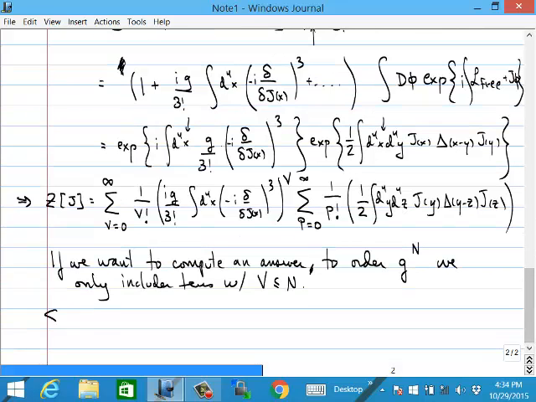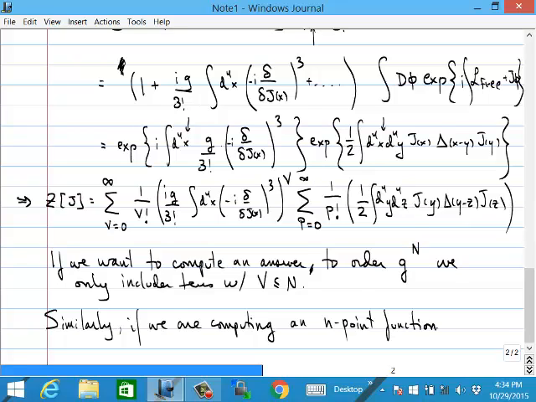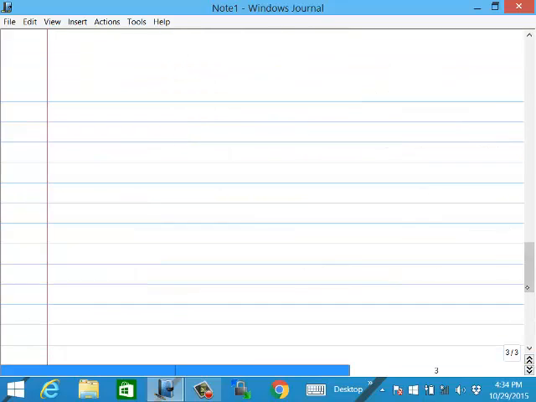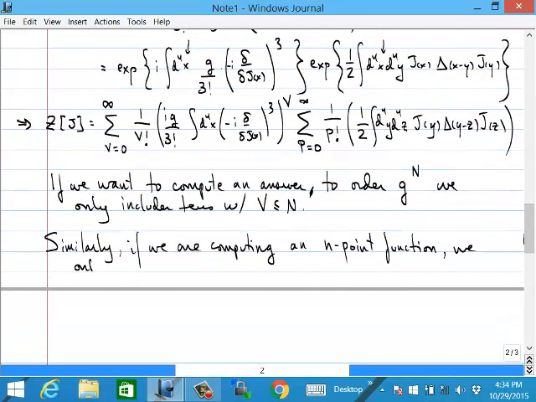Similarly, if we are computing, say, an endpoint function, a correlation function of some number little n of phi's, then we only need terms with p less than or equal to little n.